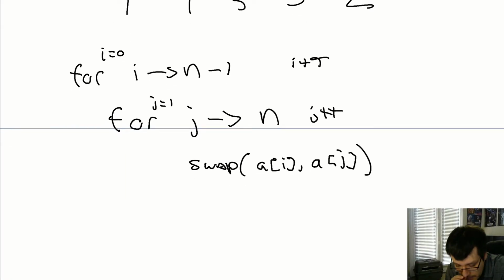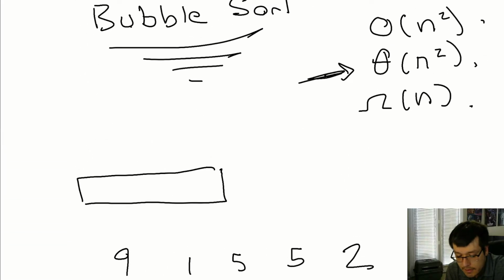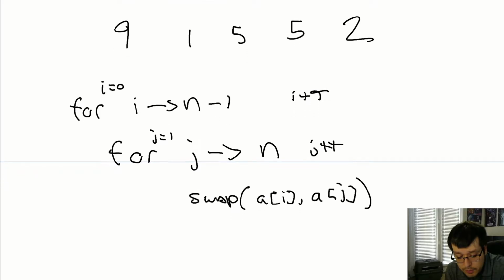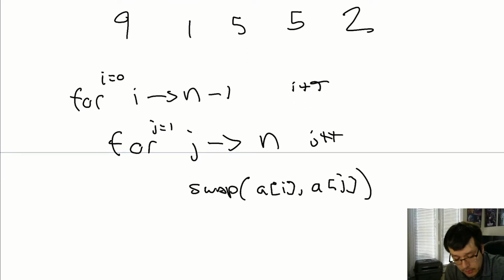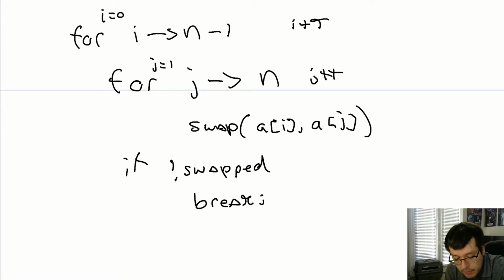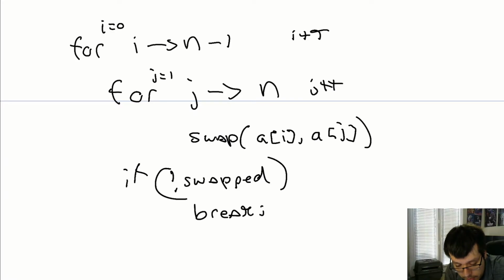Another thing you can do here to optimize bubble sort to actually achieve the omega scenario is put an if statement outside of this loop that says if no swap, or you can say if not swapped, then just break out.